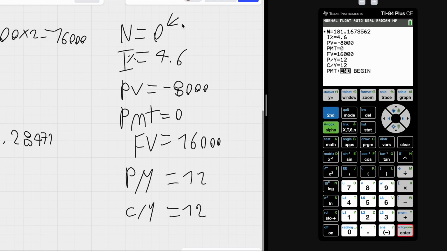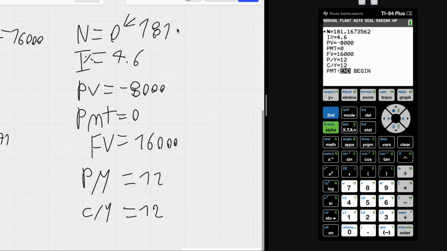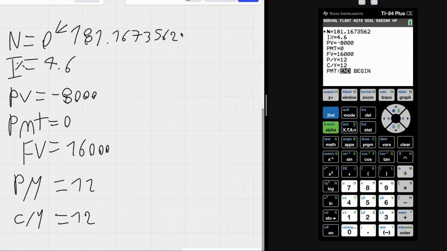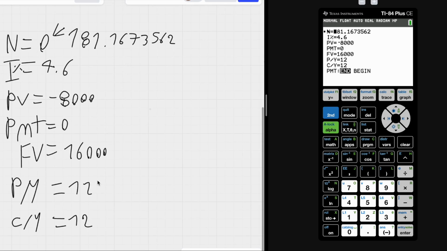So the answer is 181.1673562. This is in months because we set the compounding and everything in months. So to give it in years, we're going to divide this by 12.